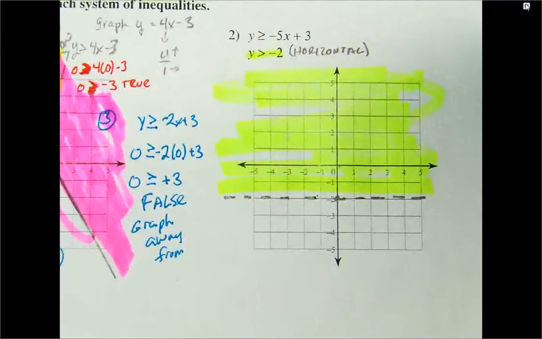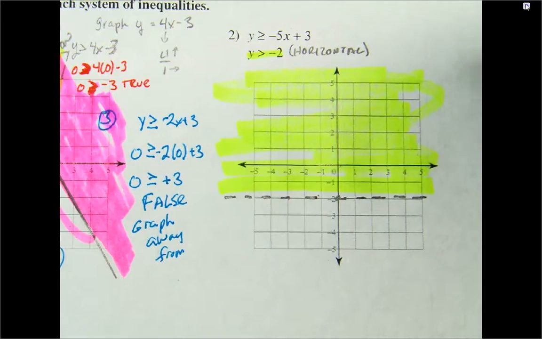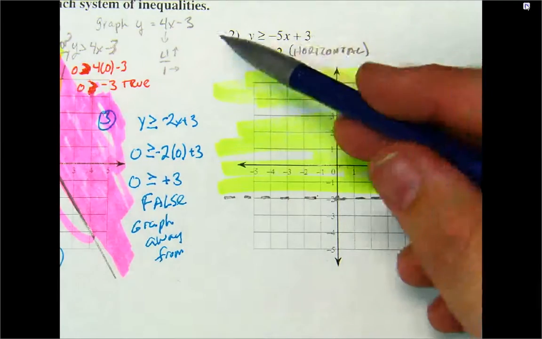So that's how you work with a horizontal line. Whenever it says y equals 2, y equals 7, y is greater than -3, it's always going to be that horizontal line. So y is always horizontal. X is always vertical.